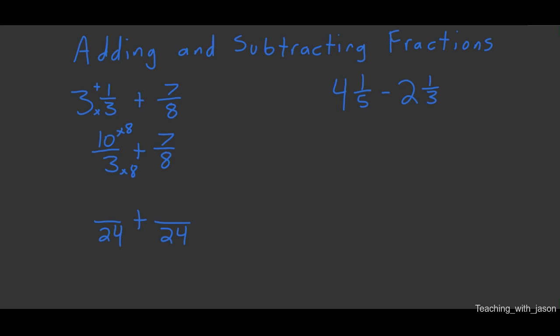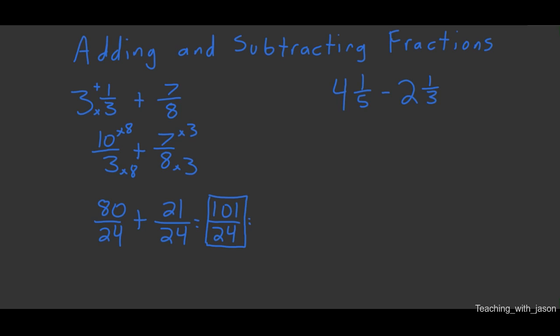So I'm going to multiply by the other denominator. So we end up with 80 and 21. Put them together. Well, 80 plus 20 is 100, so I end up with 101/24ths.